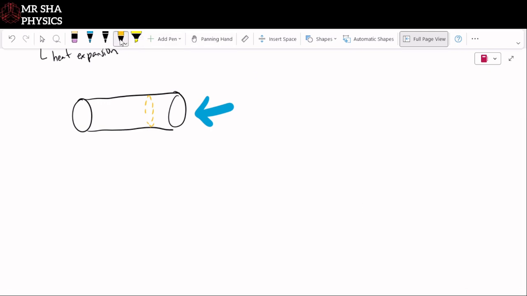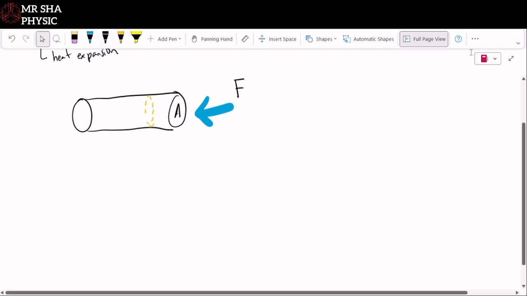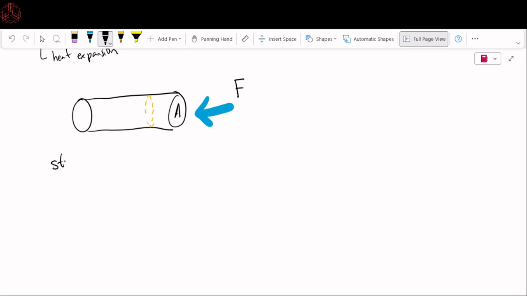We can consider how much force we are applying onto the cross-sectional area. Okay, and this is what we call a stress. So stress on the material, we use delta as a symbol, is simply the force per unit area.